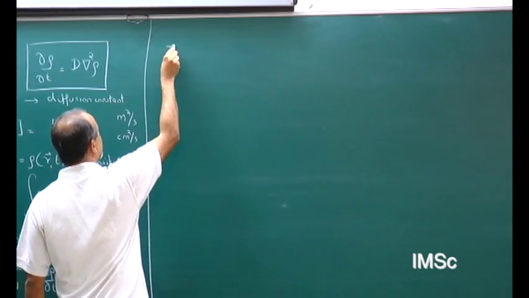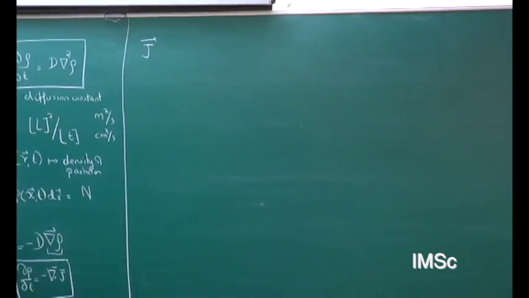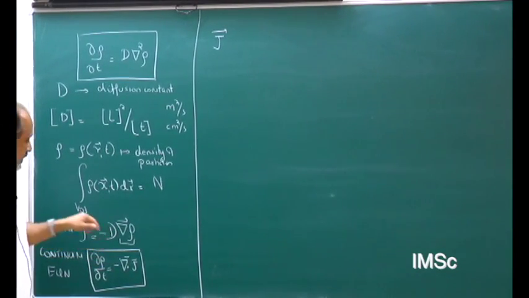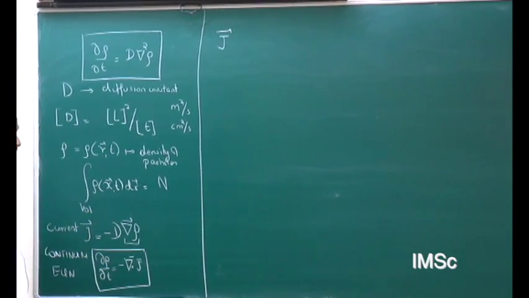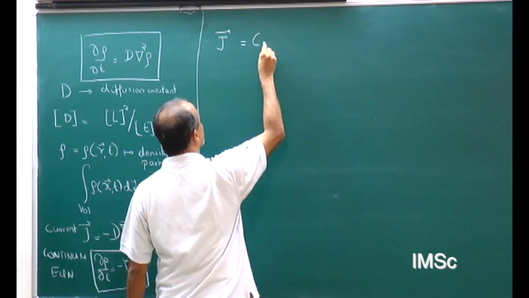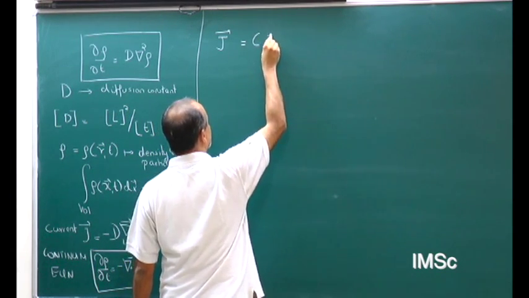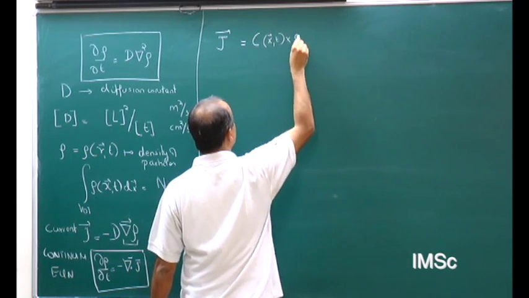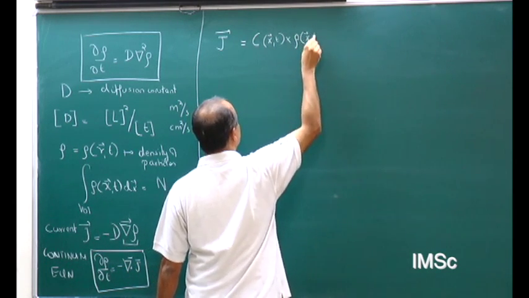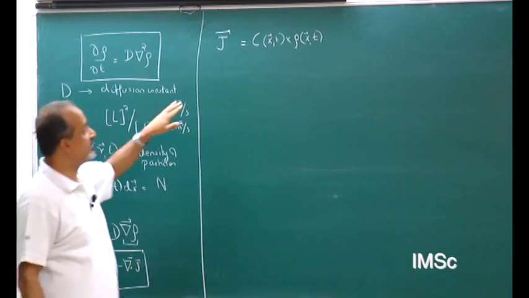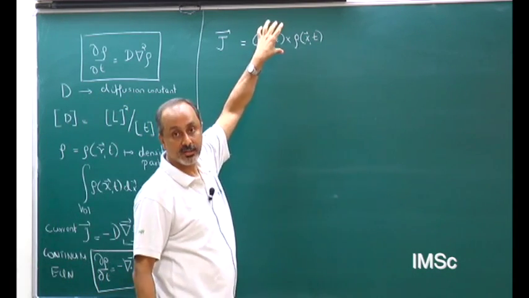The current j, this is the calculation of the current in one particular case where I have a bunch of diffusing particles with diffusion constant D. But in general, j is, suppose I have particles moving with the local velocity c at position x at time t. If I multiply this by the density at x and t, this is a quantity that is also a current, but is a current associated with some systematic velocity of the particles.